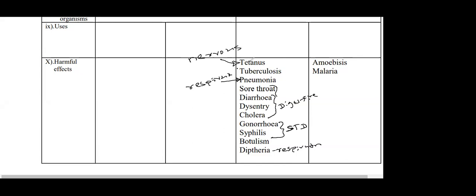Now you can see some bacteria attack your nervous system, some bacteria attack your digestive system, some attack your respiratory system. Now COVID virus attacks your respiratory system. That's why you cover your nose and mouth, because they can enter your respiratory tract through the throat and the nose.